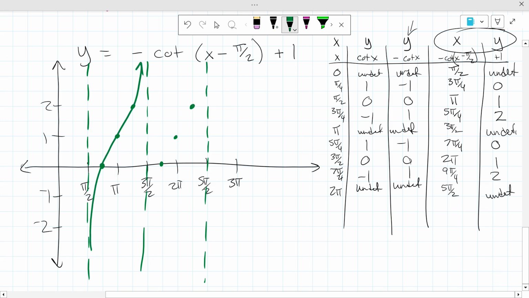So it should look like that. Okay? All right.